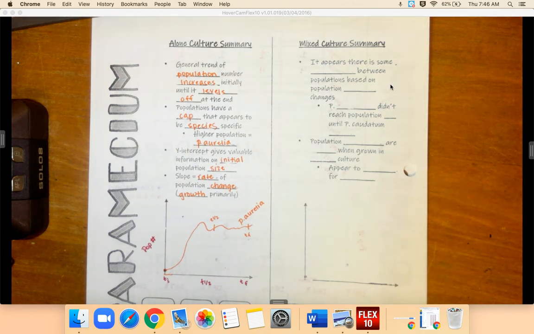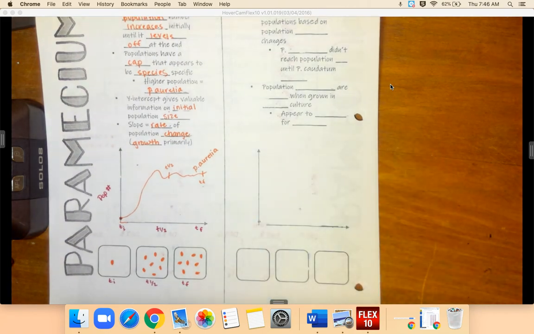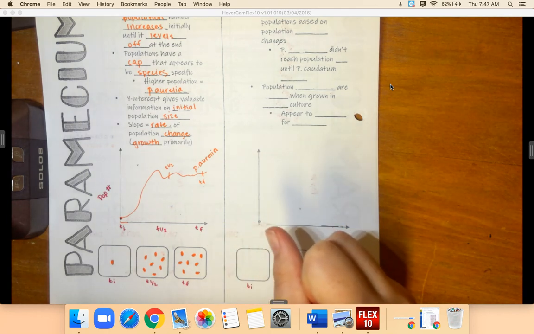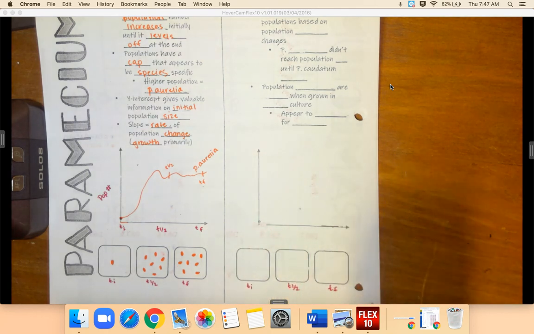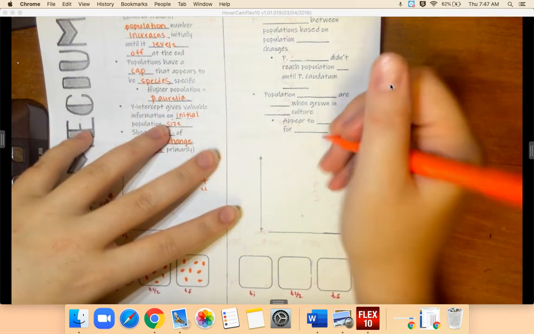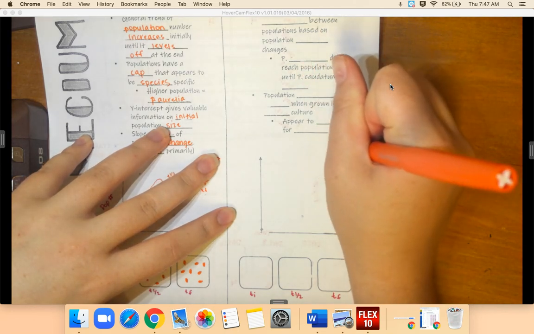Now looking at the mixed culture, again, you're going to have to redo your graph, but I will go ahead and just do a quick sketch. Yours should be much more specific. And again, we're going to make a little key just so that we stay consistent.